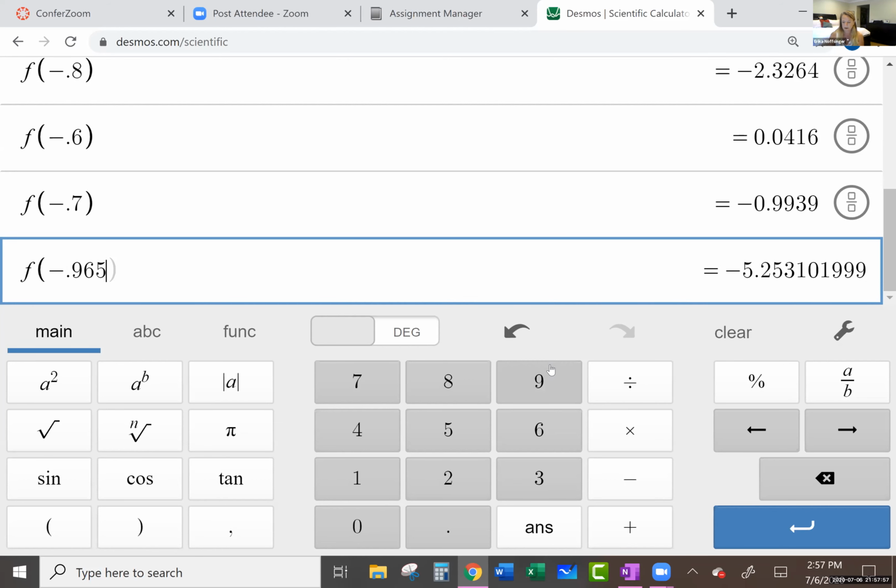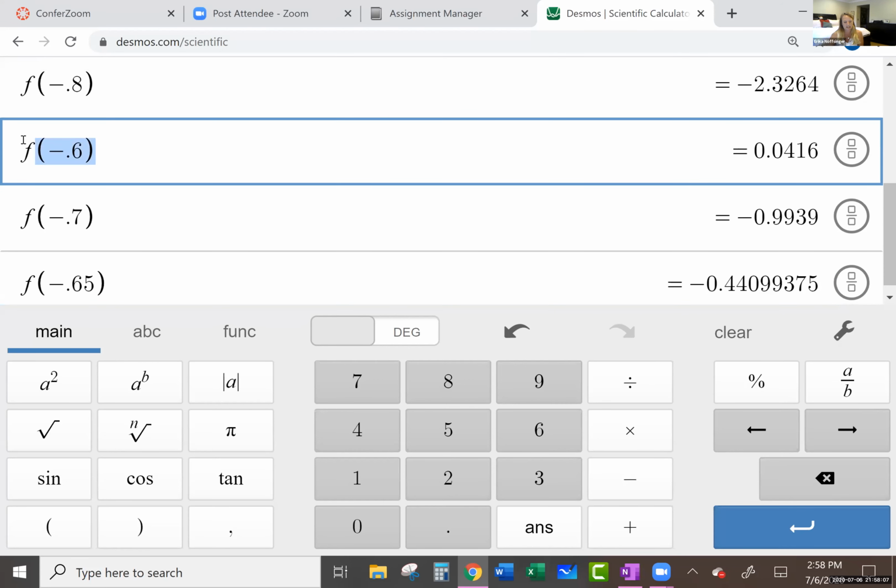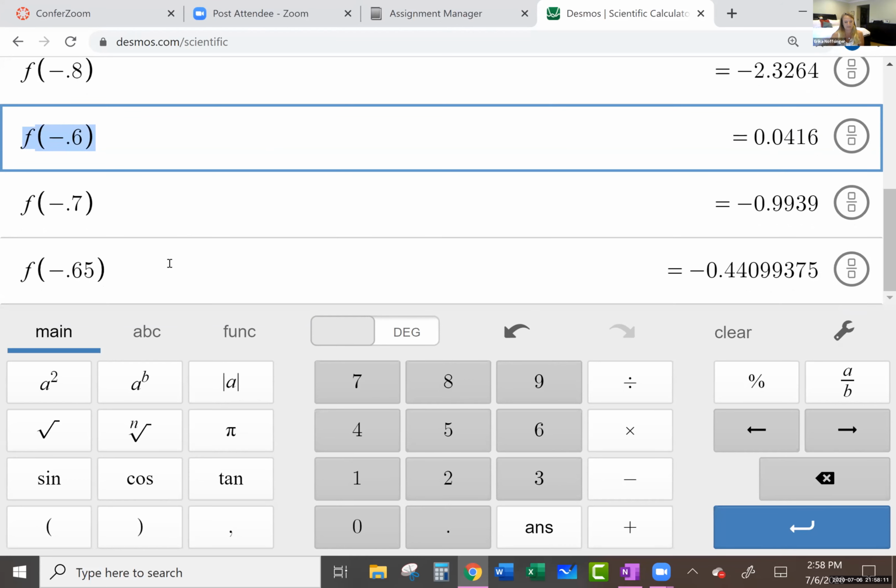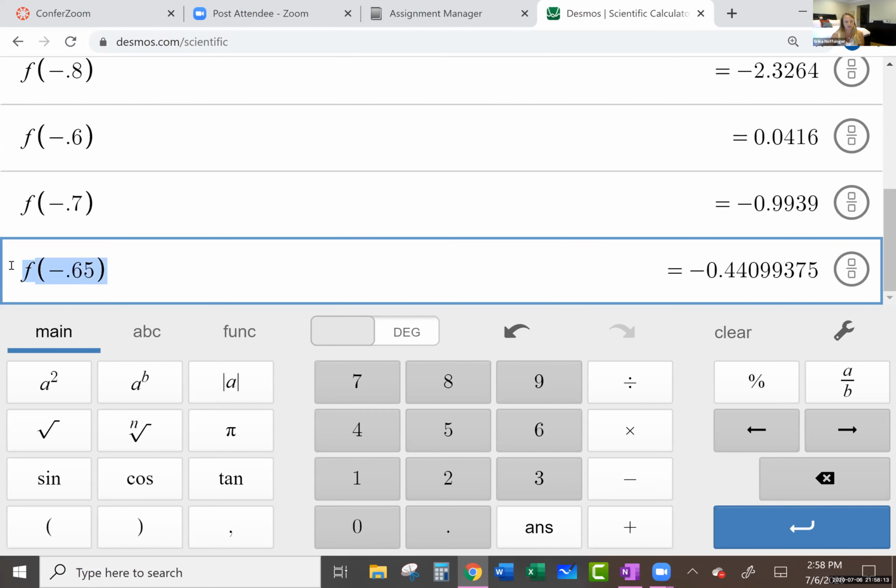Negative 0.65, that's also negative. So we know that it's between f of negative 0.6 and f of negative 0.65. So let's do half of that. So what about negative 0.67?